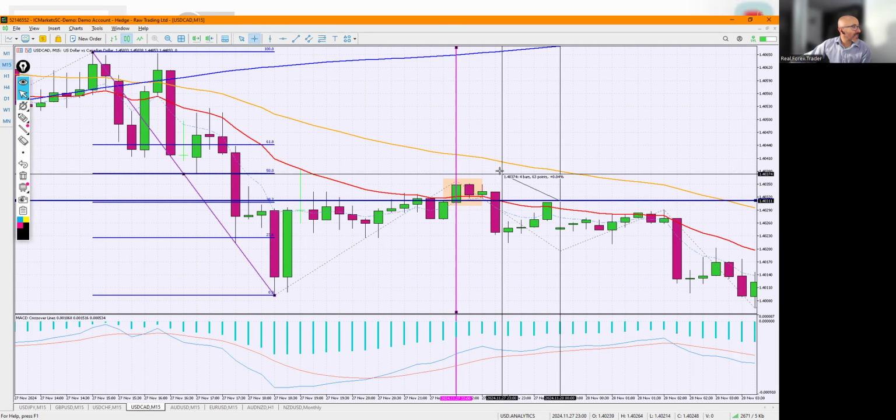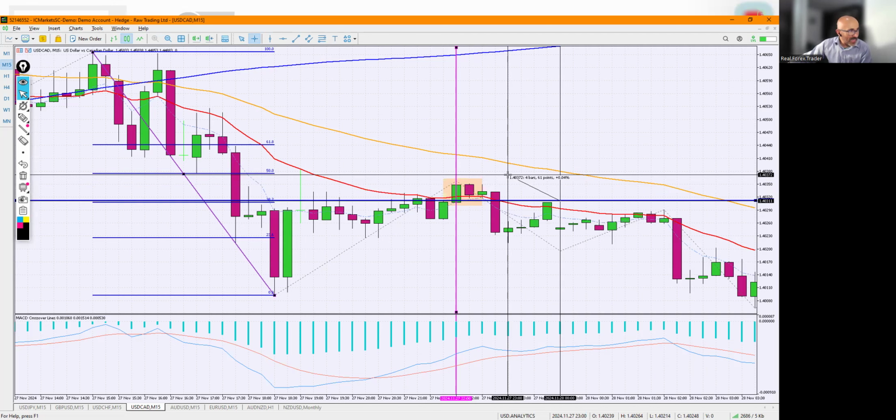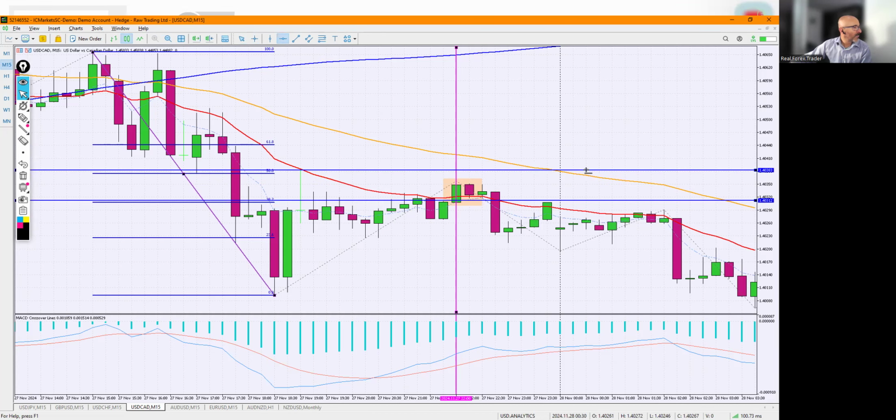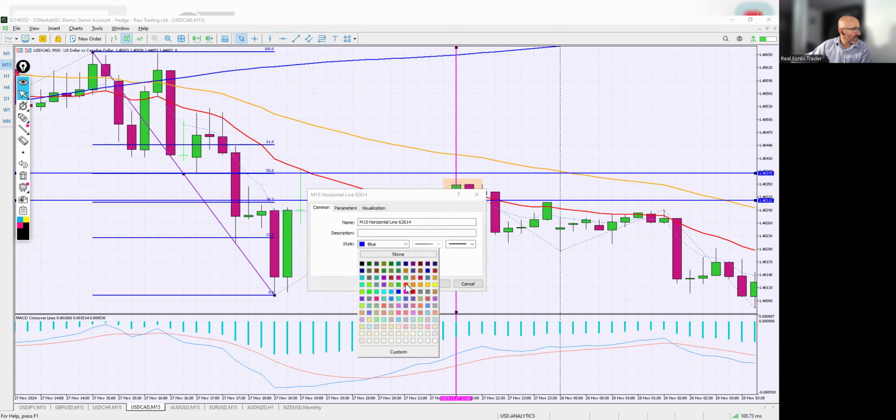So I could place it even there because I have enough room for a nice trade for my take profit. So based on my analysis, I would set my stop loss at this level, matching the 50% Fibonacci. So that is my stop loss.